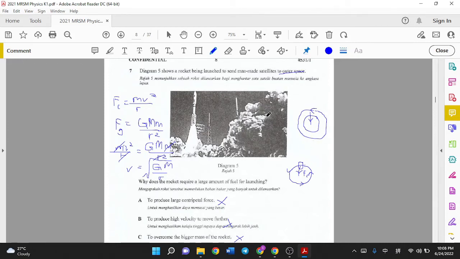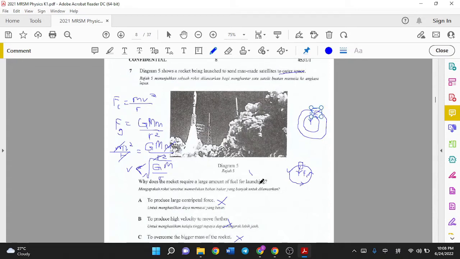So when the object has a velocity equal to the square root of GM over r, the satellite will orbit in a circle around your Earth. But if your velocity is smaller than this, then your object will fall into the Earth.